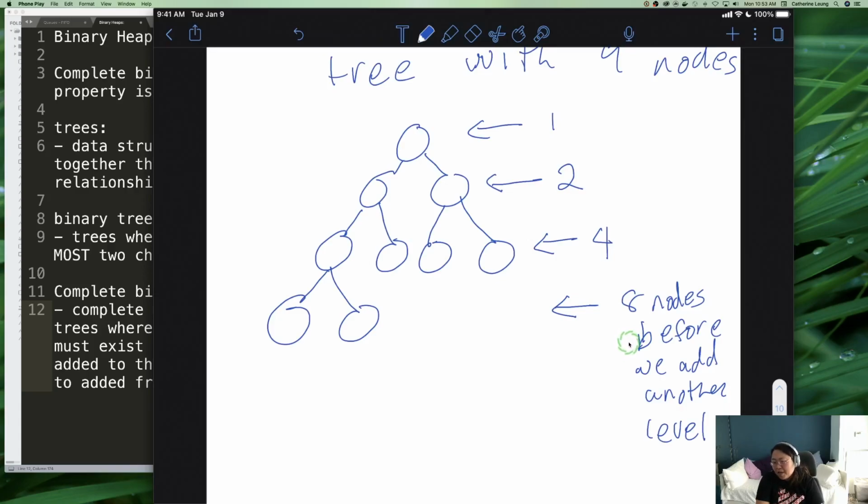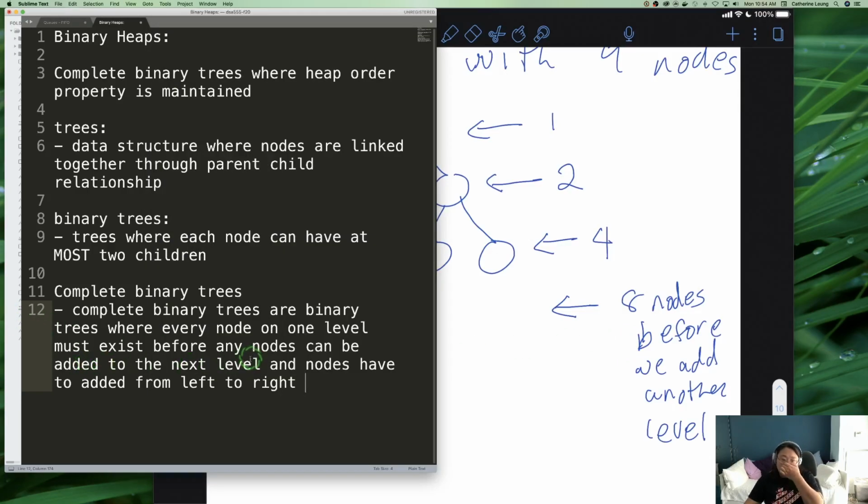So a binary heap is interesting in that we don't allow our trees to have just any shape. Our shape is actually very defined. It's this complete binary tree idea. And it turns out that why it has to be complete has a lot to do with how we're going to implement this thing too. So a complete binary tree is a binary tree where every single node on any one level that can exist has to exist before you start nodes at the next level, and you have to bring them into existence from left to right.